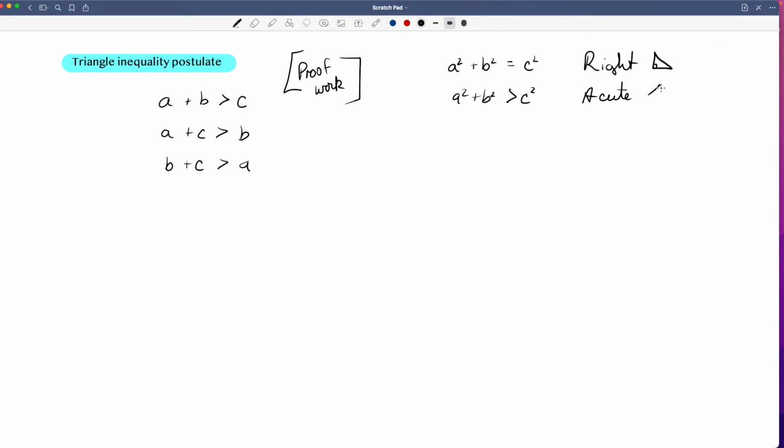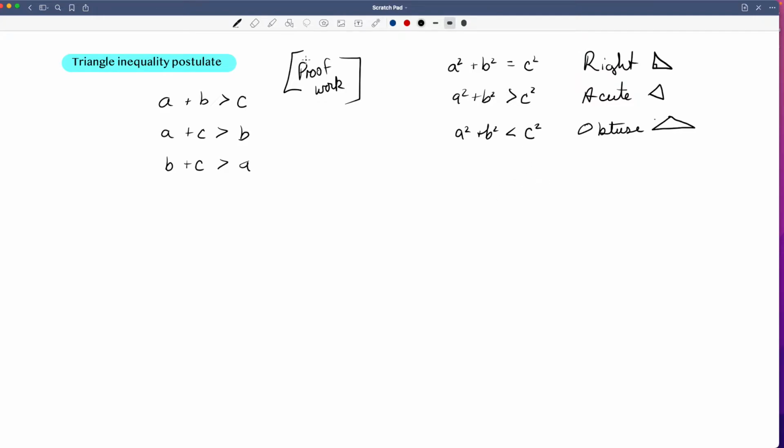So it's going to be, think isosceles or regular triangle. A squared plus b squared, that is less than c squared, is going to be an obtuse triangle. So one that looks like that, right, in some form or fashion.